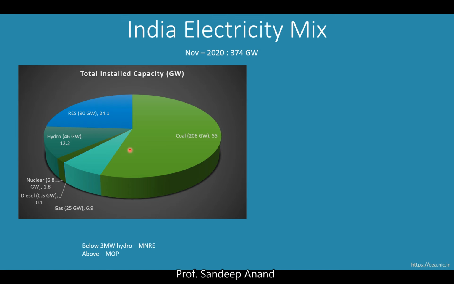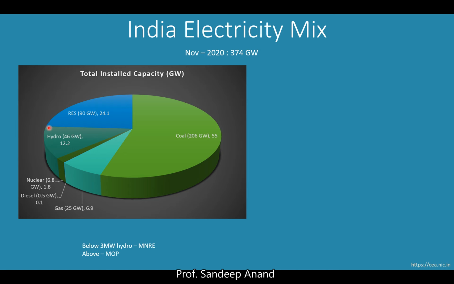So one thing, if you see, there are two different things here. One is renewable energy source, and the other one is hydro, and they have been put in different segments. The hydro which is mentioned here essentially is the hydro plants which are of power higher than 3 megawatt, right?